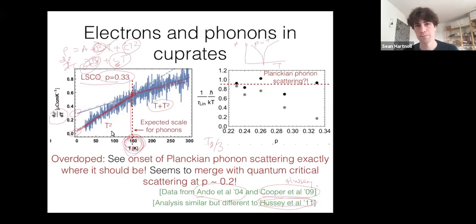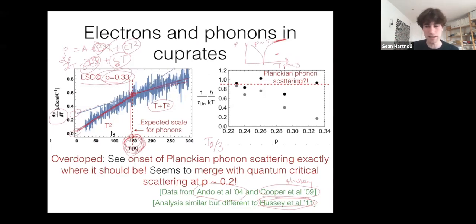There's no T squared. At this doping, this temperature is super high. It's like a few hundred Kelvin, way above this temperature. So I'm down here, okay? I'm not in the quantum critical fan at all, okay? That's a much higher temperature, all right?